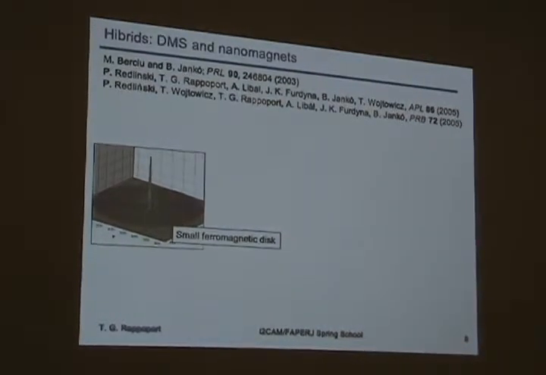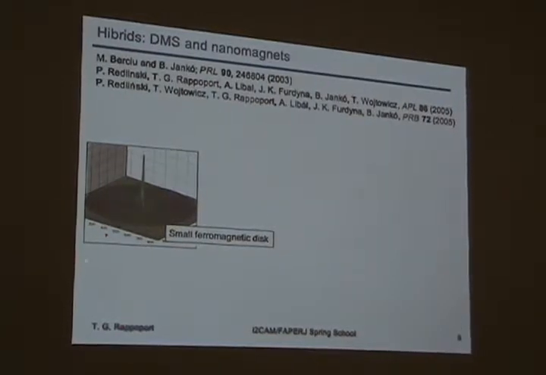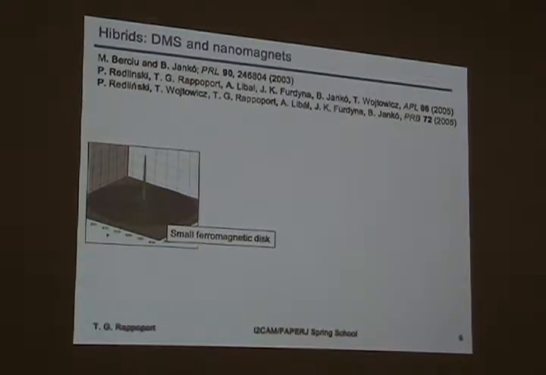So now the field generated by this disk is very homogeneous. If you put a magnetic semiconductor on top of it, you're going to trap your spin polarized carriers in this small area.